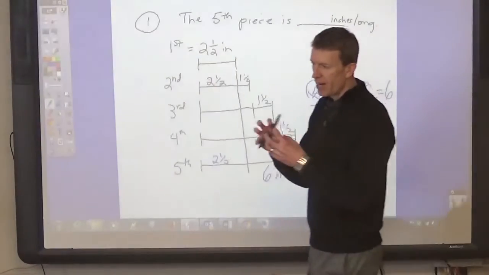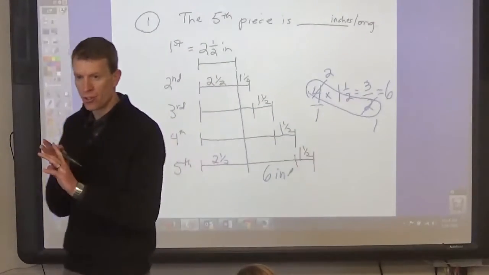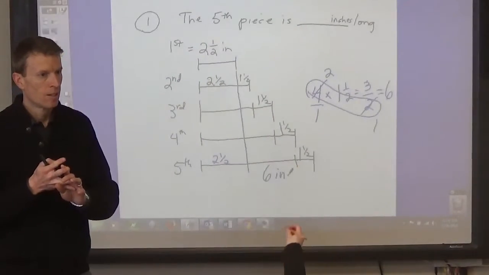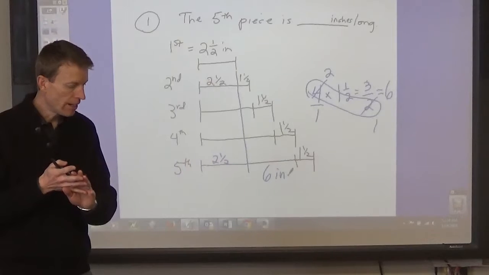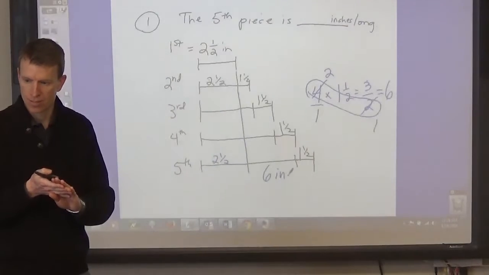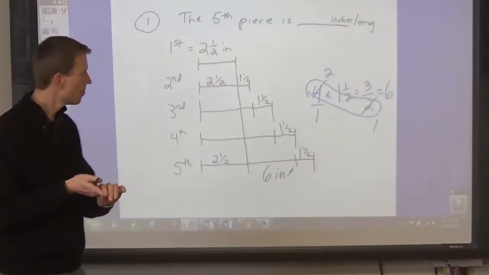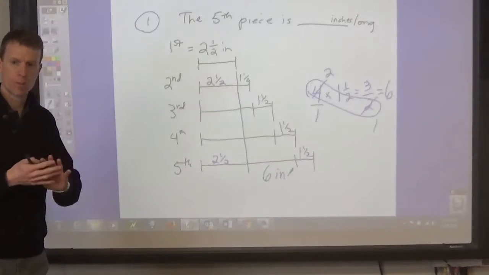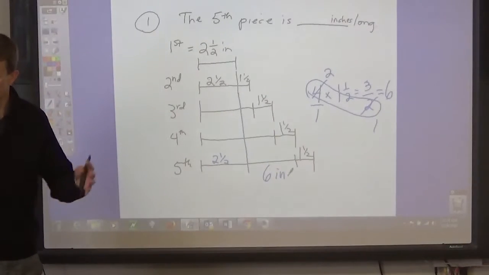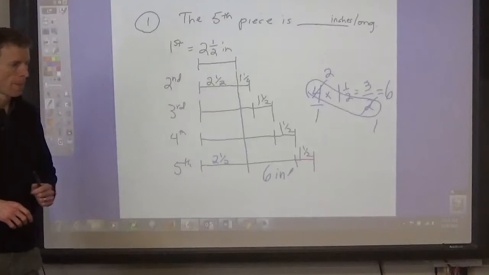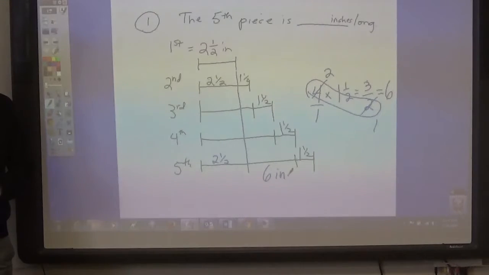See, when you understand what the operations do, then you can use those operations to help you find the answer. Okay? You can combine addition and multiplication in this case to find the total amount. Okay?